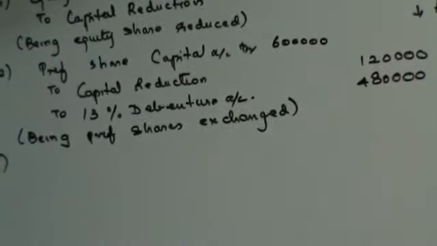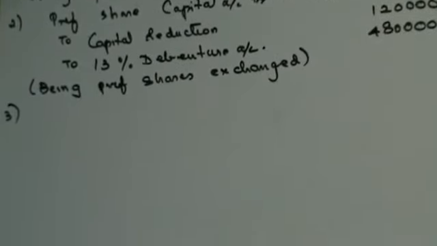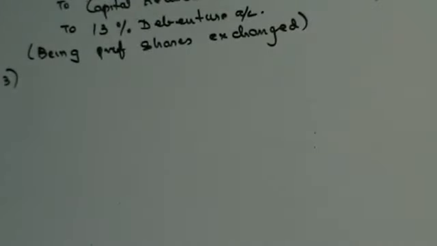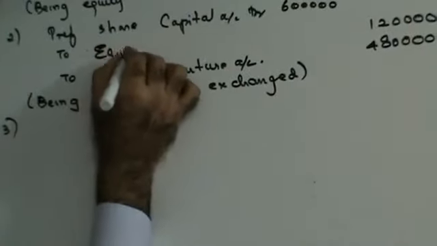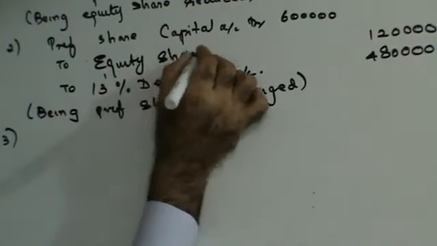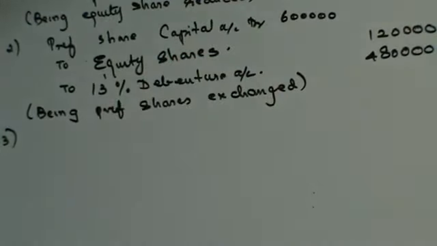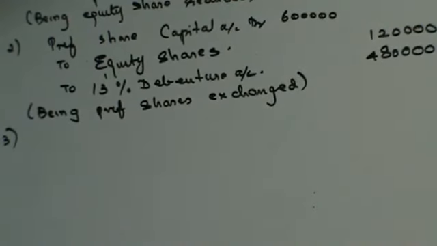Next part, they are saying that preference shares are to be converted to 13% debentures with regards to 80% of their dues, including arrears and preference dividend, and for the balance, equity shares shall be issued. You are not writing it off. You are issuing equity shares for the balance, instead of writing it off. Fine, do we get this thing here?